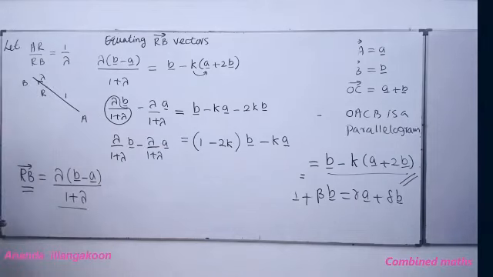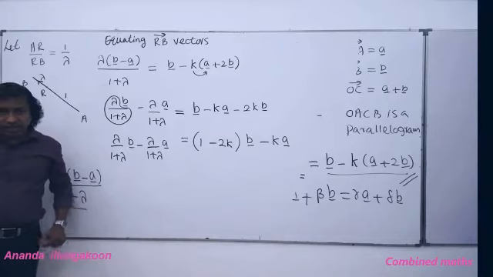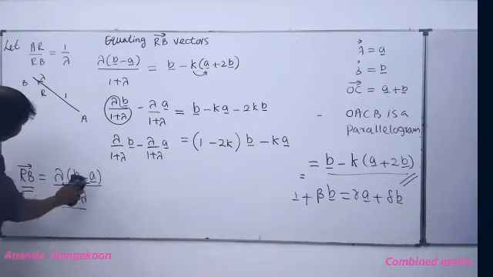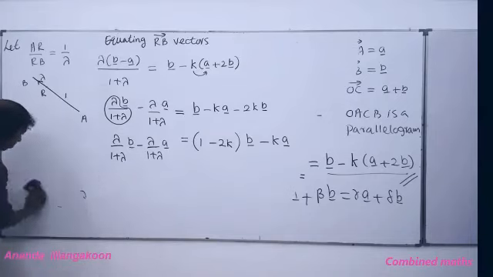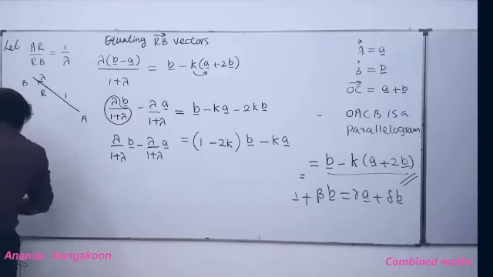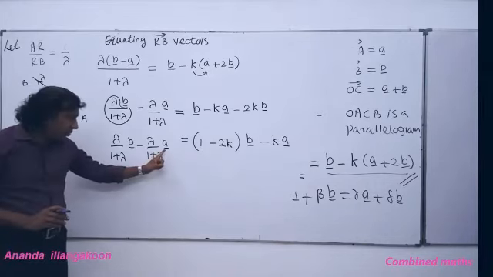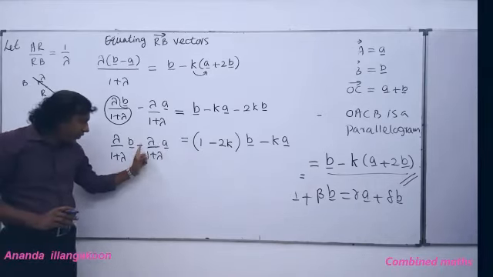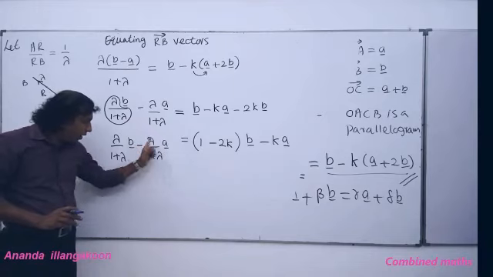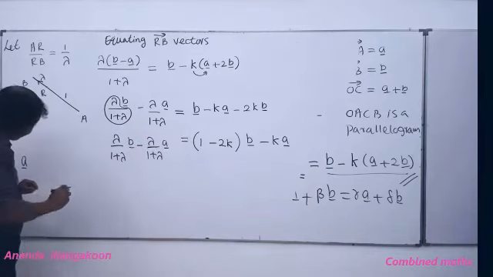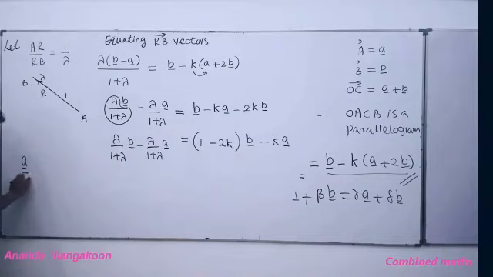Now we can very easily equate the coefficients of simple a vector and simple b vector in the left and right. Equating simple a vector, what do you get, people? I write that here. Left hand side simple a vector coefficient, with this minus sign, is minus lambda upon 1 plus lambda.